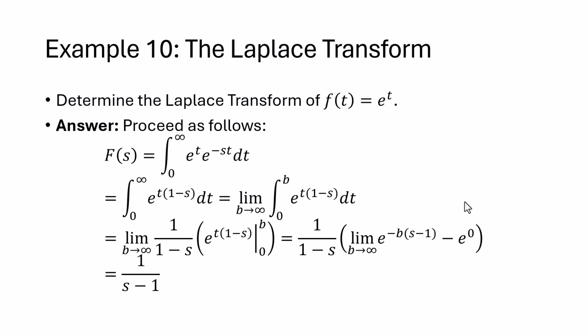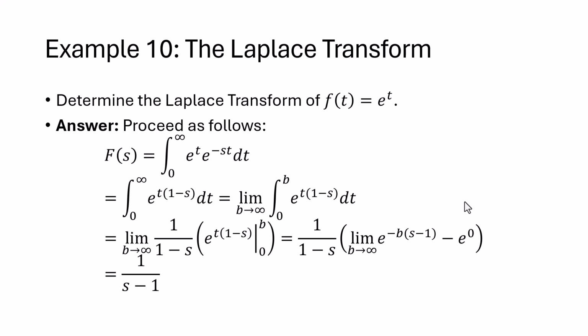Integrating e to the t times 1 minus s leads me to the result of having the limit as b approaches infinity of 1 over 1 minus s times the quantity e to the t times 1 minus s in the exponent over the interval of 0 to b. So I have 1 over 1 minus s, limit as b approaches infinity of e to the negative b times s minus 1 in the exponent, minus e to the 0 power.